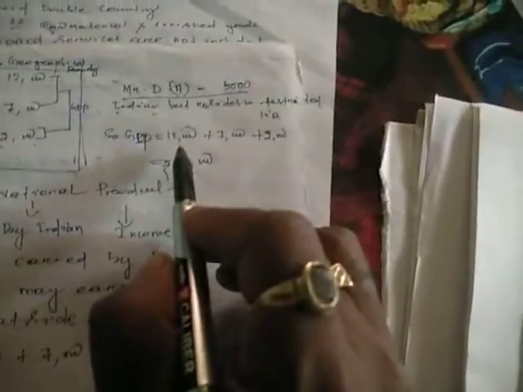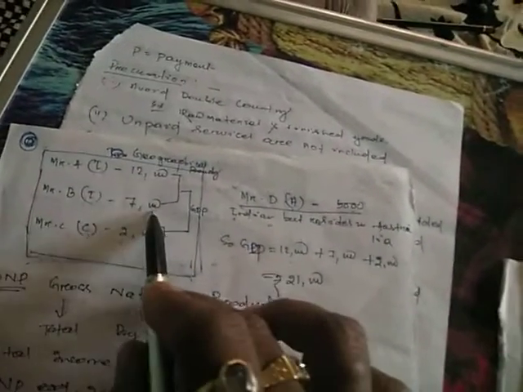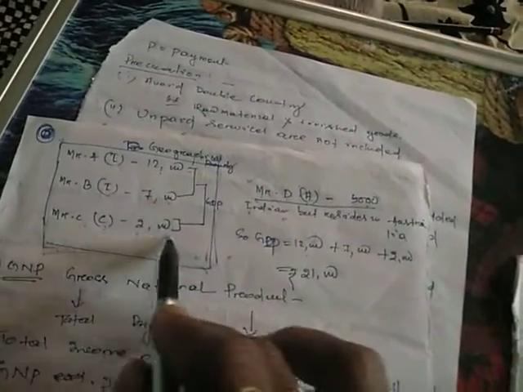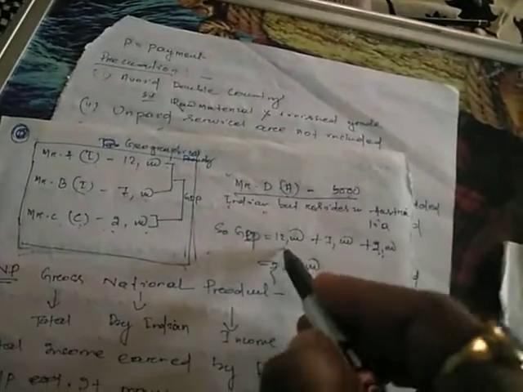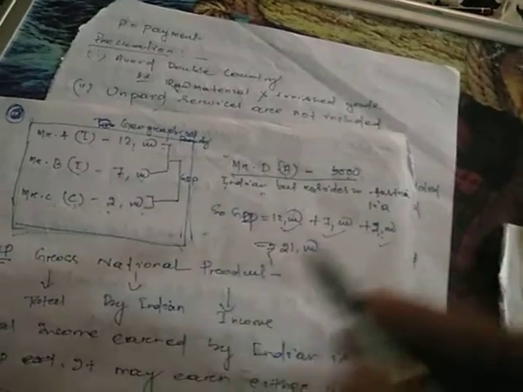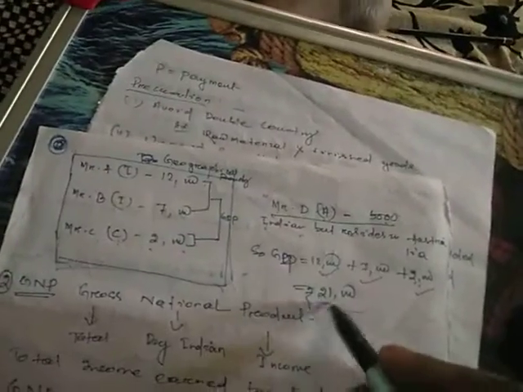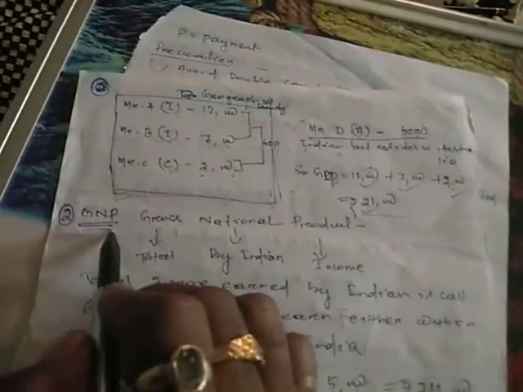That's why I am taking here 12,000 is your Indian income and 7,000 is also Indian income, but 2,000 is from outside India, a Chinese person, but still he is earning here. That's why you have to calculate 12,000 plus 7,000 plus 2,000. So 21,000 is your GDP, gross domestic product.